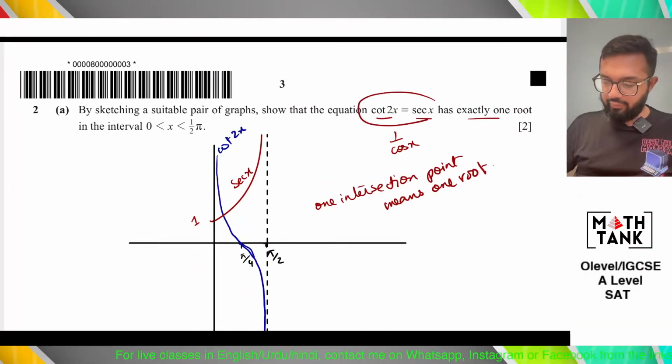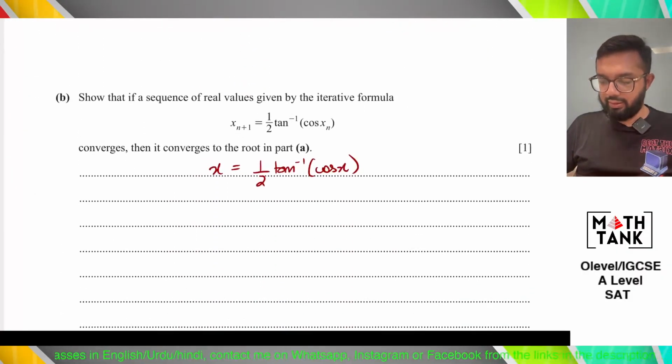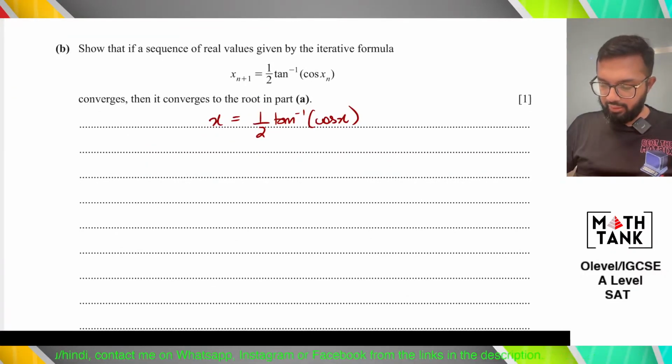And what is the first equation? Cot 2x equals sec x. So that is what I'm going to try to recreate.